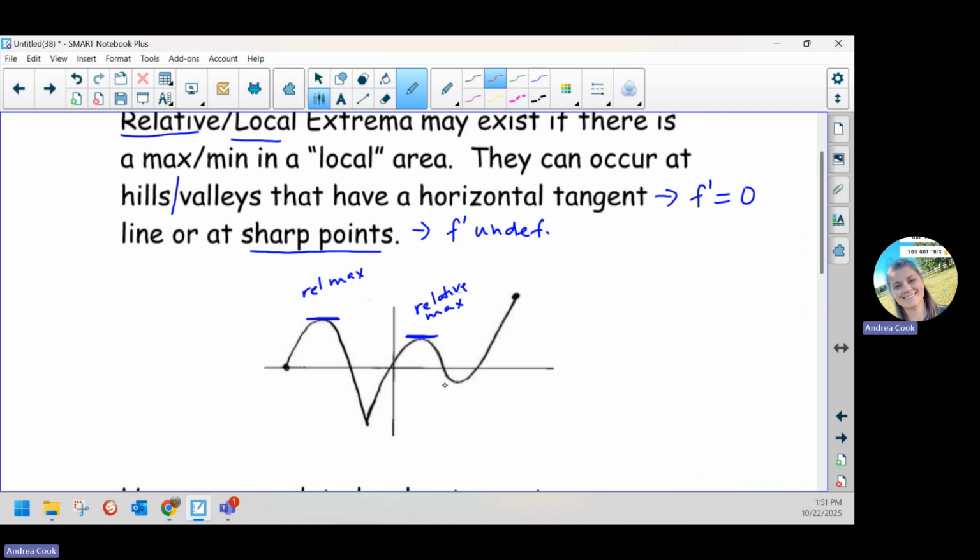I have a horizontal tangent here, and that's a relative min. I have a sharp turn right here, and in this case, it would be an absolute min.